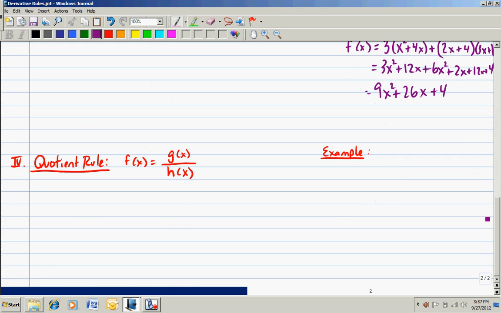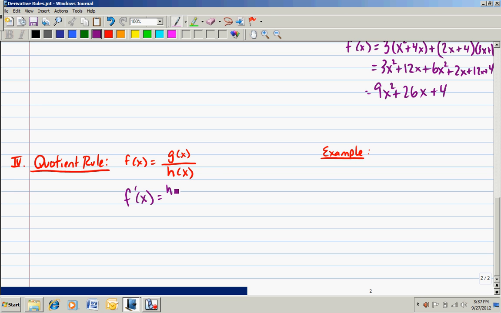And the last rule for today is the quotient rule. The quotient rule says that if I take any function that can be written as the quotient of two other functions, so g of x and h of x, then the derivative of this is simply, let me make sure we get this right in the correct order.